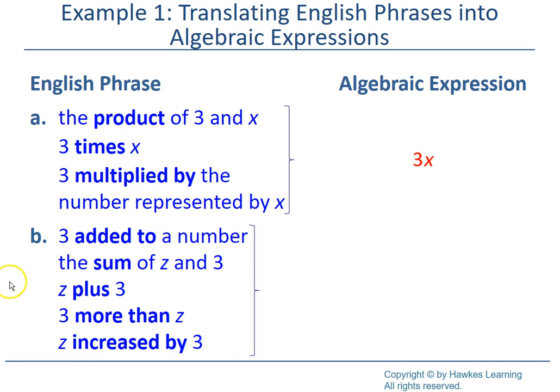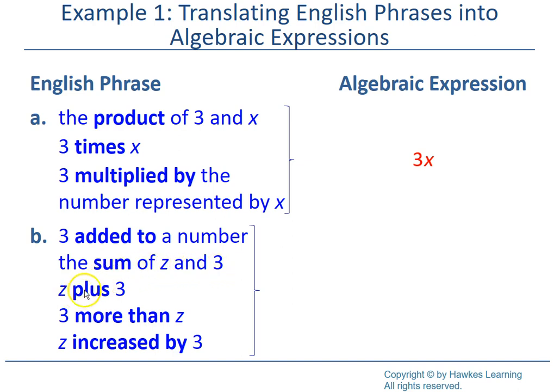All right, let's take a look at this one. 3 added to a number, whatever that happens to be. And we often use x in algebra, or I see they're saying z here now. The sum, again, that's the key word, added. When we add things, we end up with a sum of z and 3.